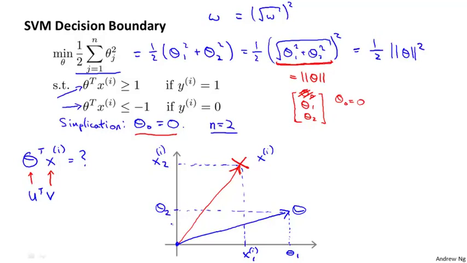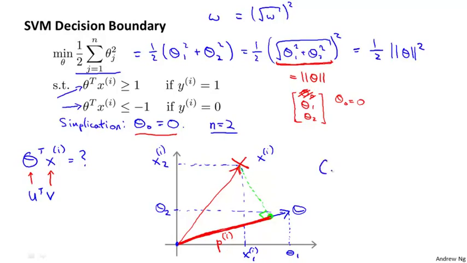Using our earlier method, we take my example and project it onto my parameter vector theta, and then look at the length of this segment I'm coloring in red, and I'm going to call that P superscript i to denote that this is a projection of the ith training example onto the parameter vector theta.